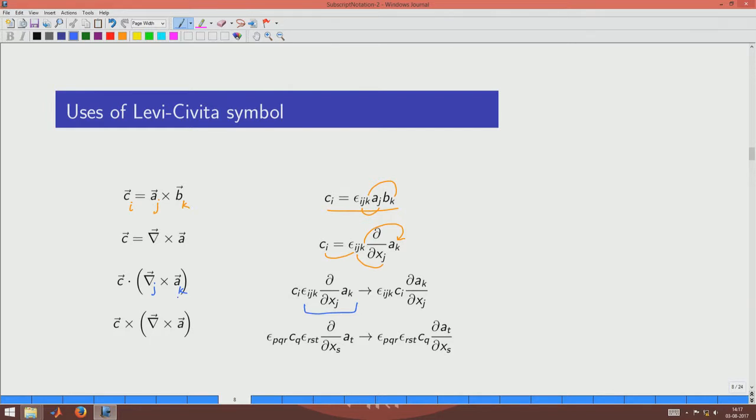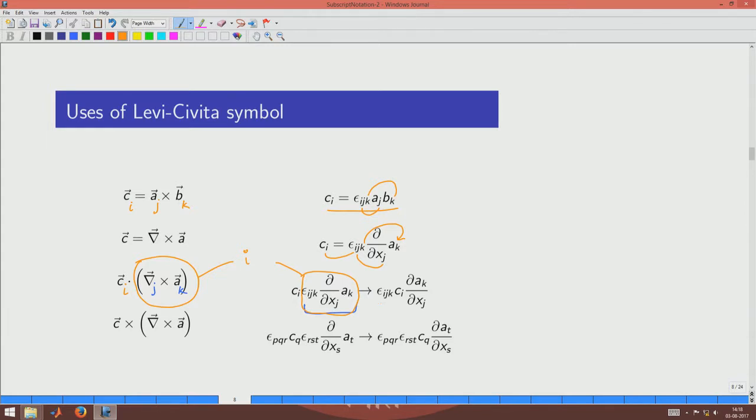Now, the free index of this expression, which is written here, is basically I. So, I must use the same index for C, and that is how I write the dot product as C I epsilon I j k dou by dou x j a k. Now, once we write like this, we realize that epsilon being just a number can be brought in and out of the expressions.